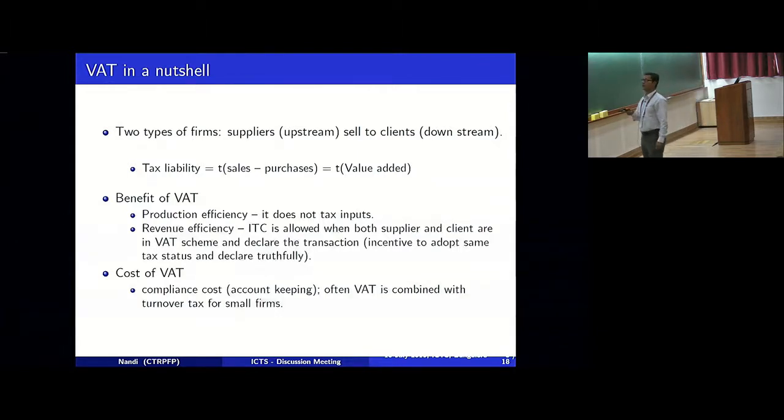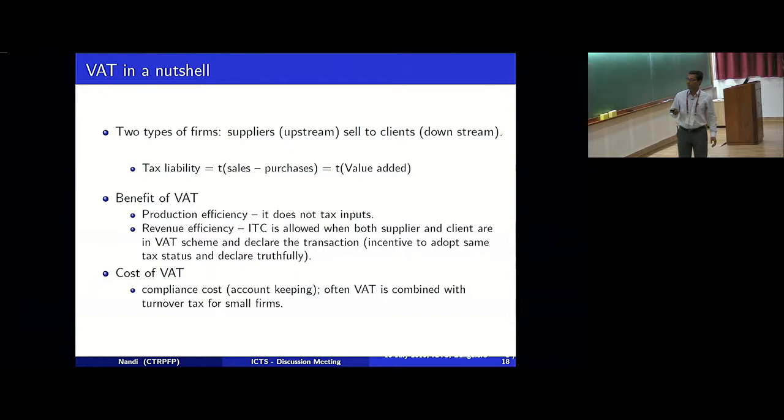Now, very nice thing about VAT, but this part, T multiplied by purchases, is called input tax credit. Very important incentive instrument in a VAT system. Now, this input tax credit is allowed only when the transaction is reported by both the trading partners.